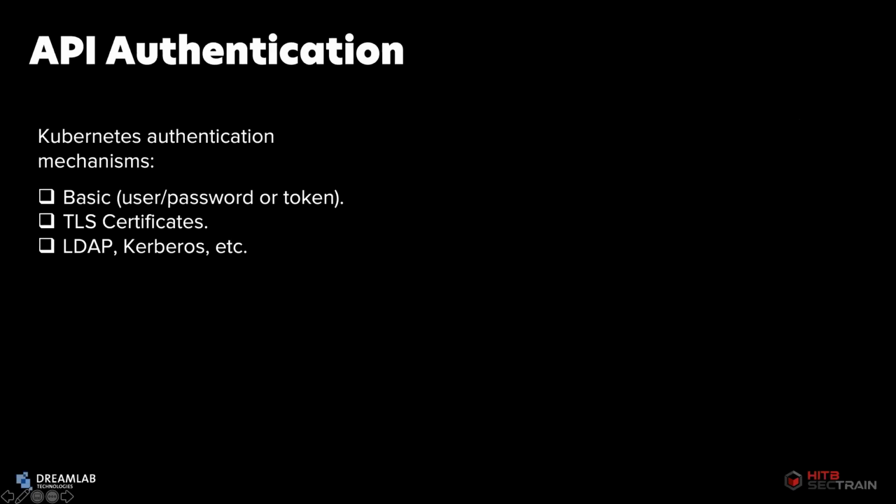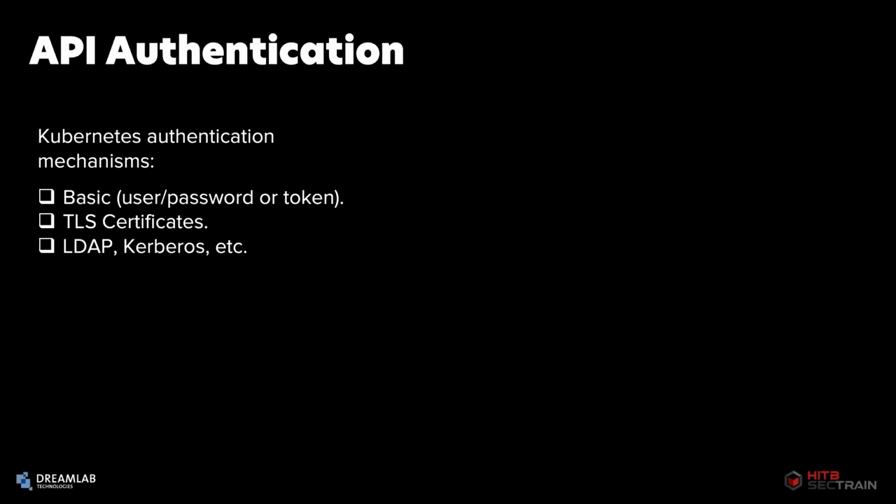Good. So when it comes to authentication, Kubernetes supports several methods: basic with user and password or tokens, TLS certificates, and protocols like LDAP, Kerberos, or similar systems. A good practice is, of course, to avoid using basic and implement TLS certificates instead.